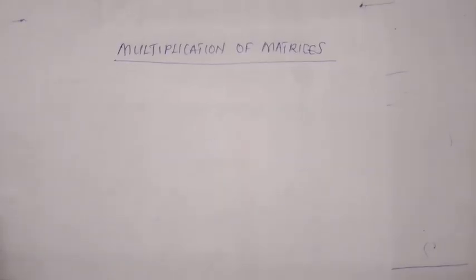Let's go to the next property, and this is multiplication of matrices. How do we multiply matrices? We multiply them row by column.